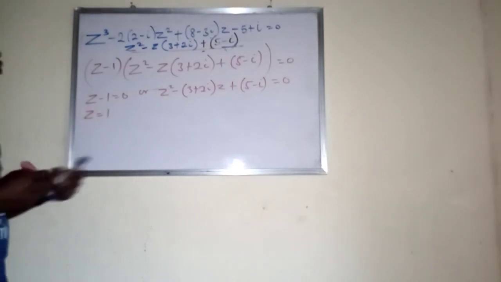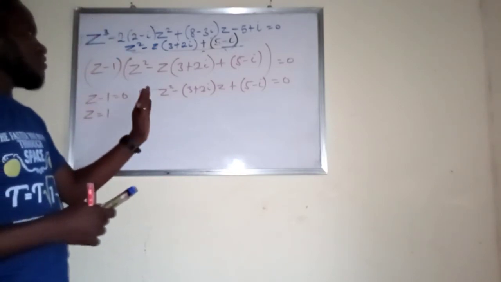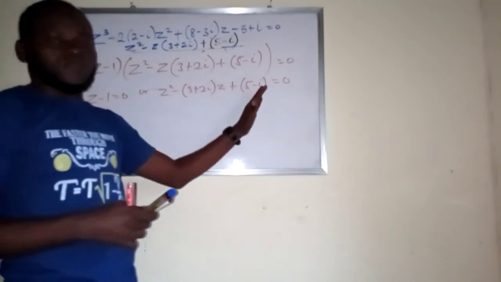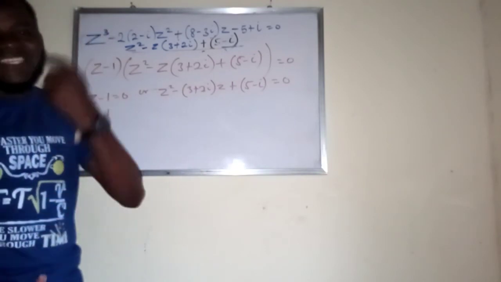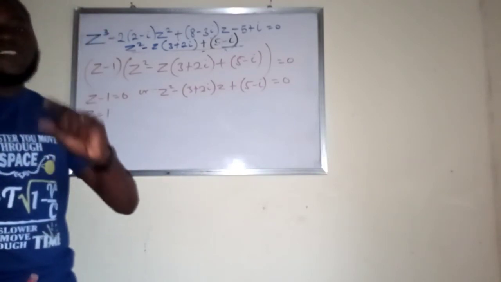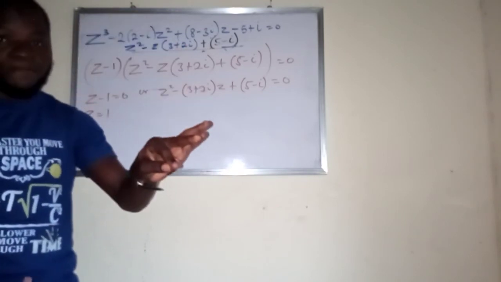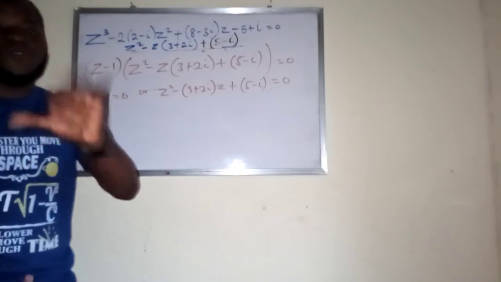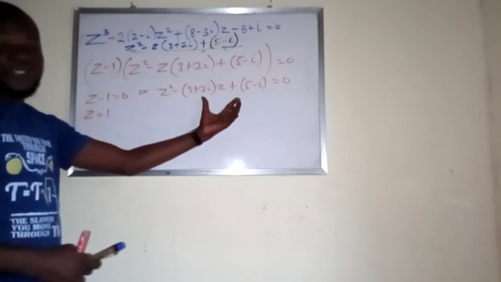So we already know that z is equal to 1. So we don't need to stress ourselves thinking of a value that will range from 1 to this, because you're already told that of the 3 roots, only one is a real number. The others are complex. So let's just apply the quadratic formula to this.